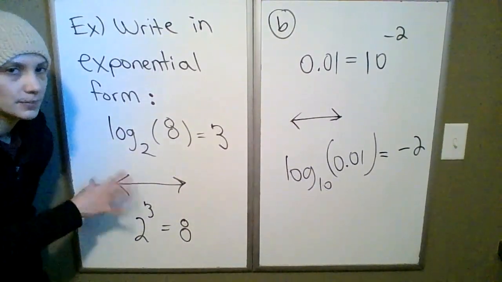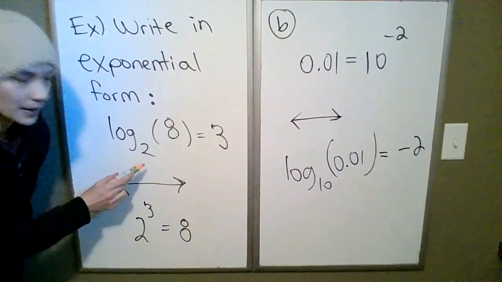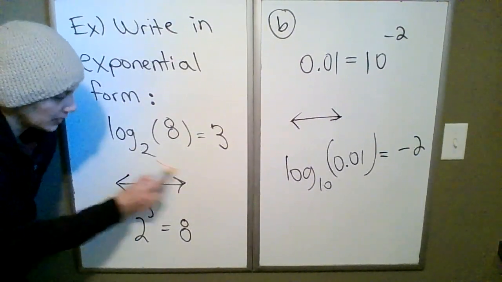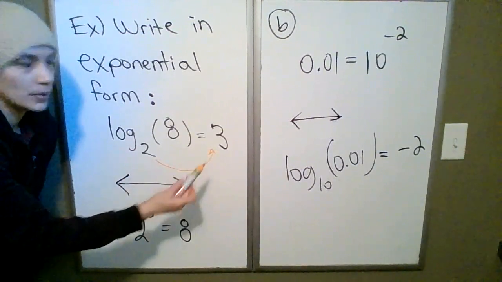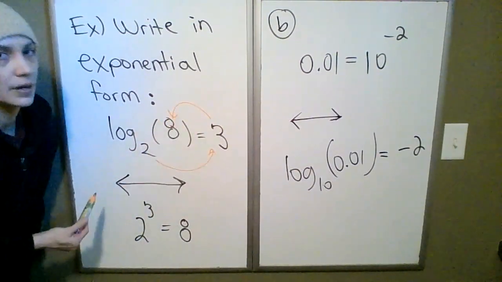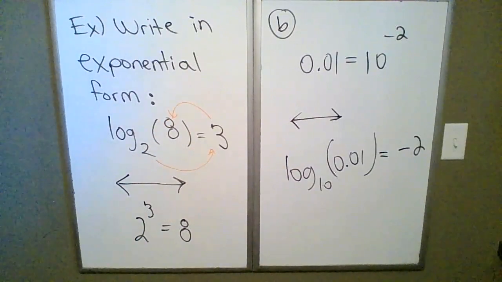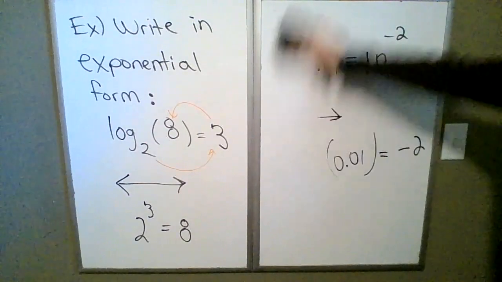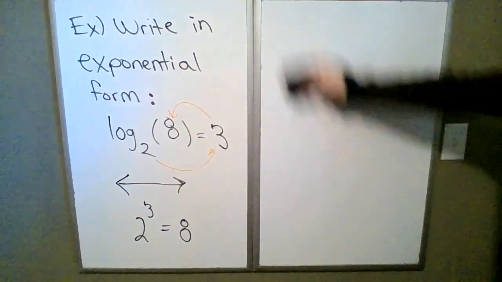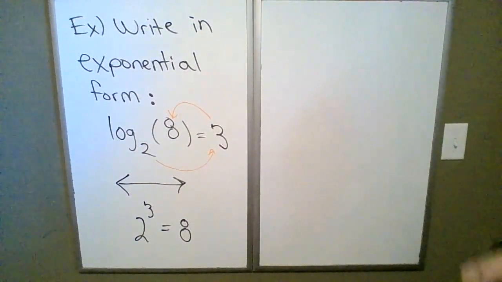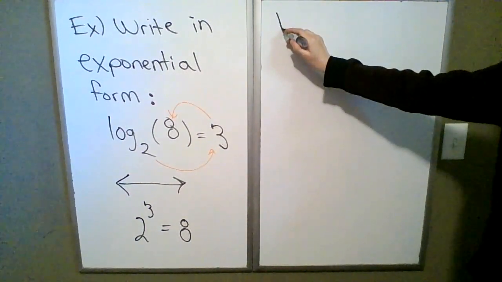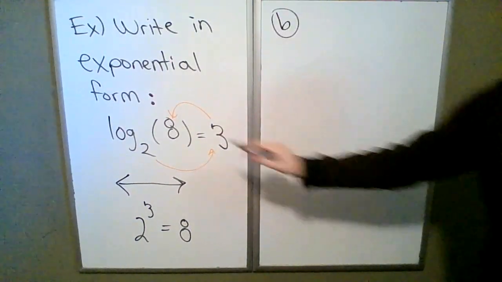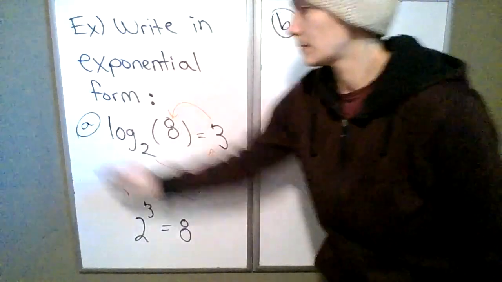I know there's a lot of arrows already, but it might help to draw. You take this, bring it to this power, set that number equal to that. Okay.